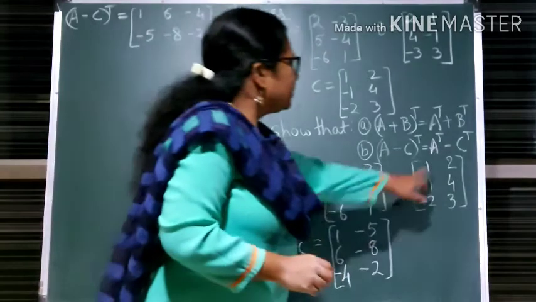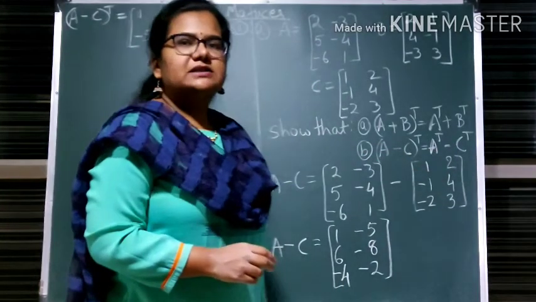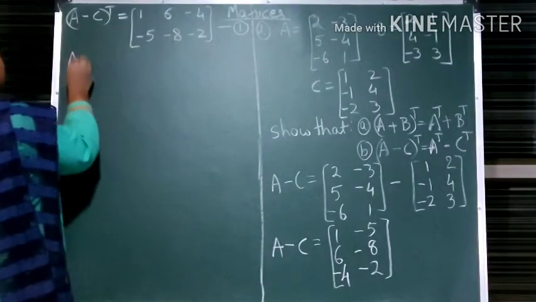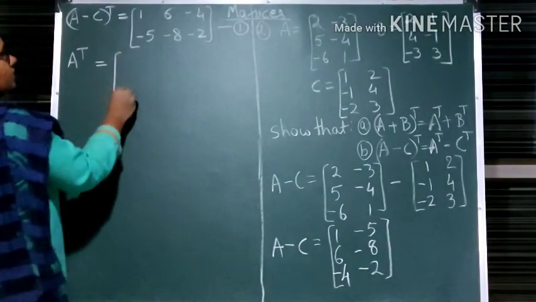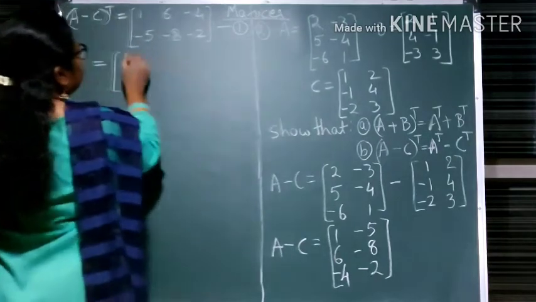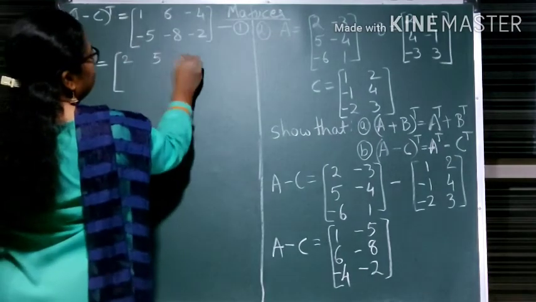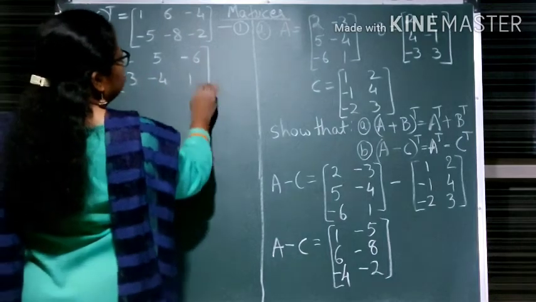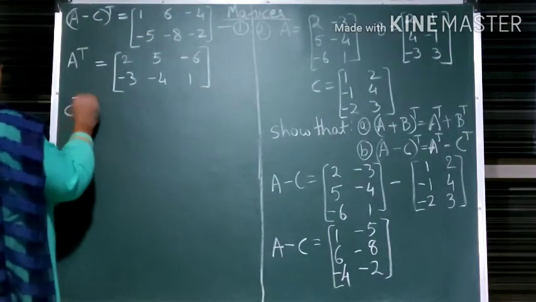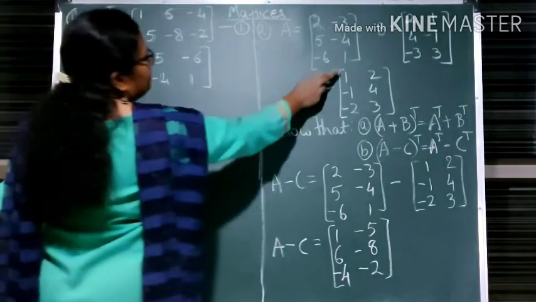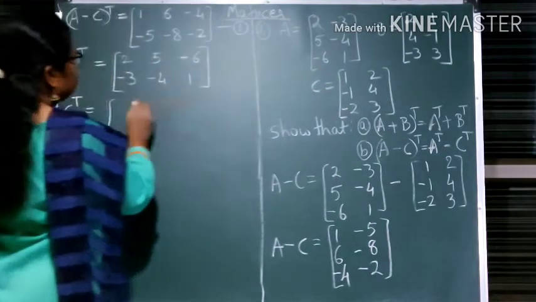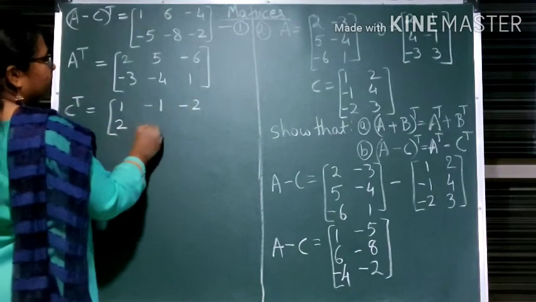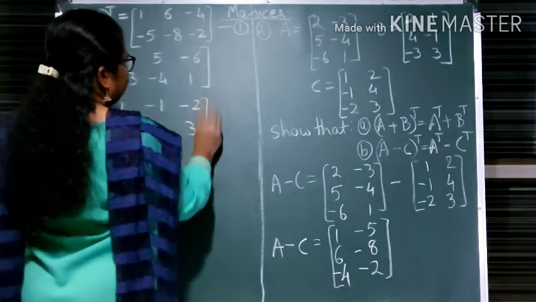Now in RHS, you have to find A transpose and C transpose, and then you have to subtract. So first write what is A transpose. So A transpose is, this first column will become first row, 2, 5, minus 6, minus 3, minus 4, 1, and C transpose is, this first column will become first row, so 1, minus 1, minus 2, and second column will become second row, 2, 4, 3.